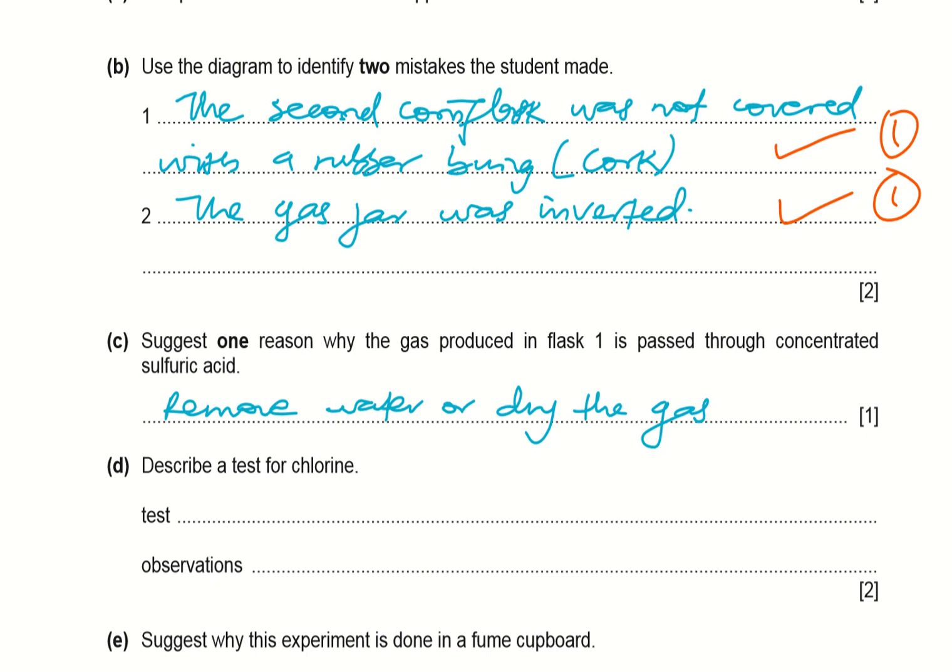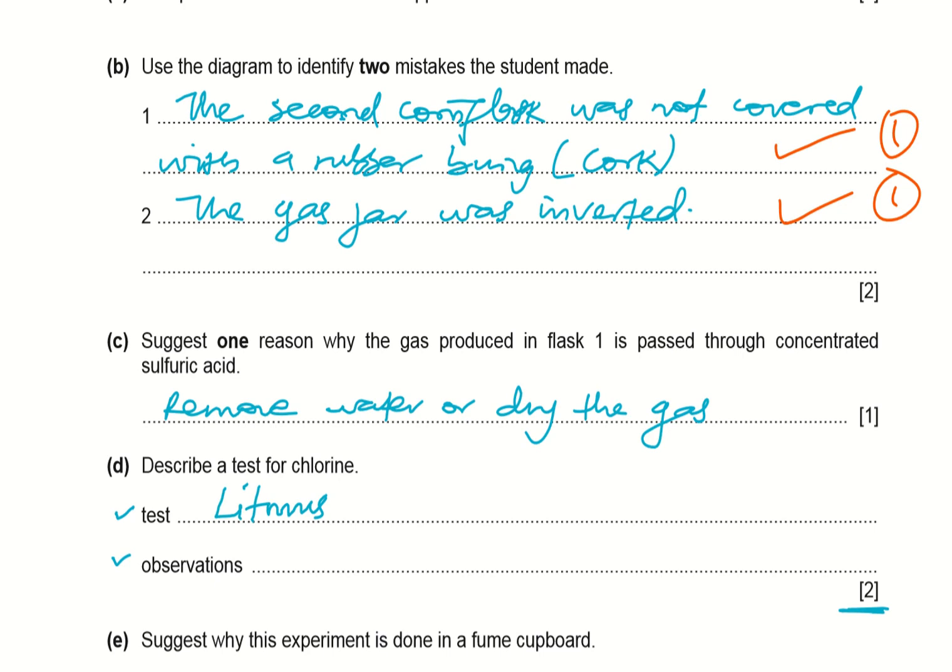Okay. Then describe a test for chlorine. Now, if you look at this, you have 2 marks for this. To score your 2 marks, you need to describe first a test and the observation. It simply means that when the test is carried out, what are the likely things that will be observed? Okay, to test for chlorine gas, you use litmus paper.